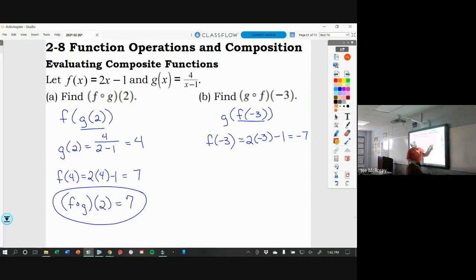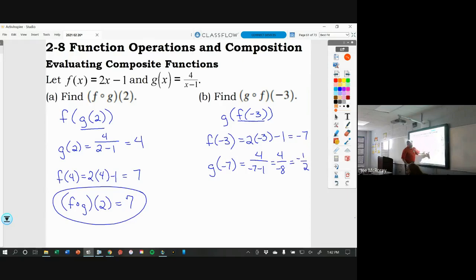Because I know that f of -3 and -7 are the same thing, I can find g of -7. Now I'm dealing with the g function. Here's the g function: 4 over x, so 4 over -7 minus 1, which is 4 over -8, which is -1/2.